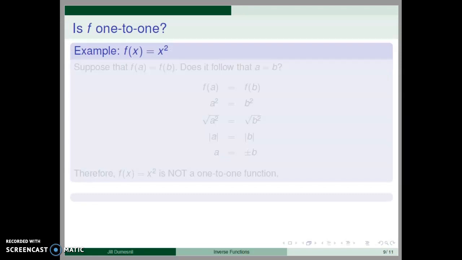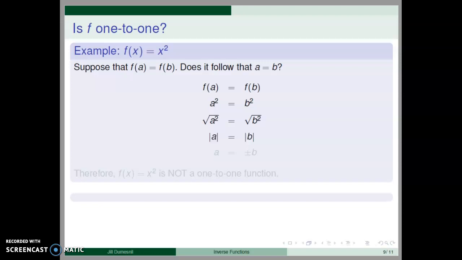Is f of x equal x squared a one-to-one function? Let's compute the algebraic test. Suppose that f of a equal f of b. That is, suppose we have equal outputs. Then by definition of f, a squared equals b squared. We can take the principal square root of both sides of the equation, since the principal square root is a function.